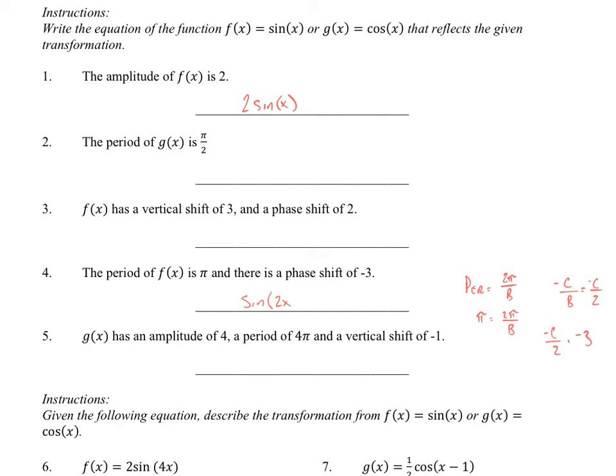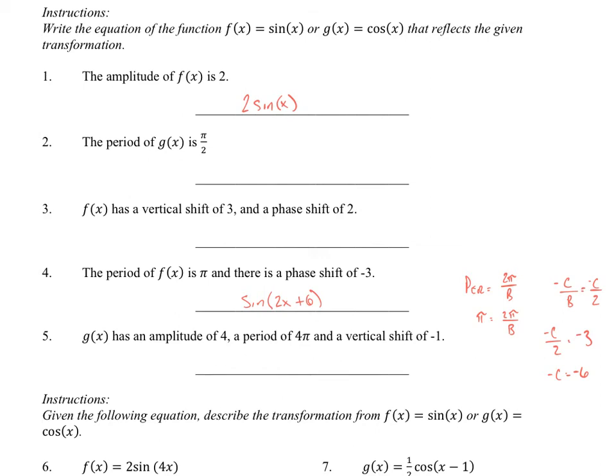And remember, all of these are coming from that website that's linked on my website. So it had your definitions on it, and it's got these equations as well. So now you have that negative c equals -6, so c must equal 6. So this is f of x, where your period is pi and has a phase shift of -3.